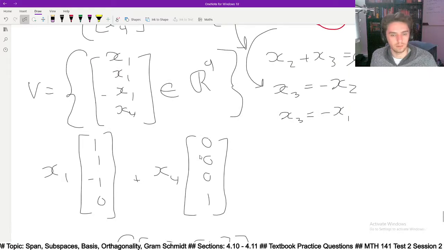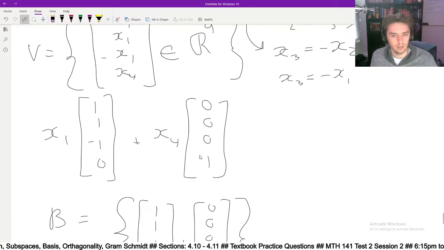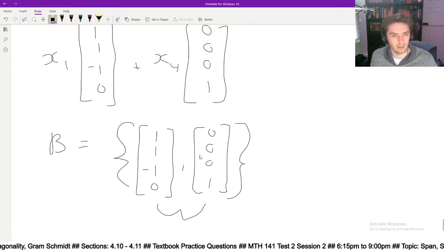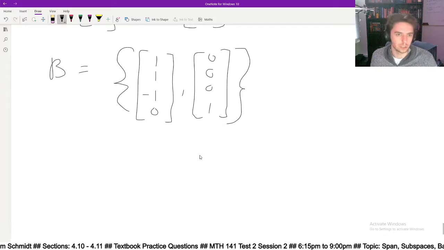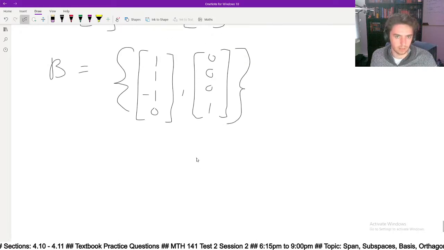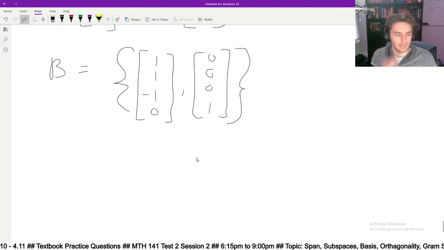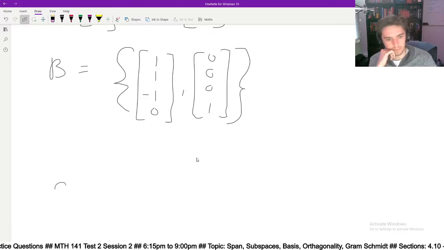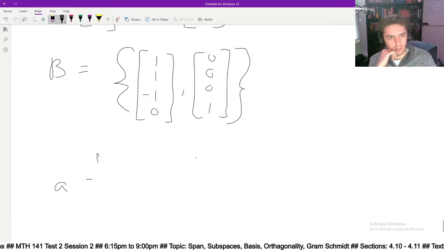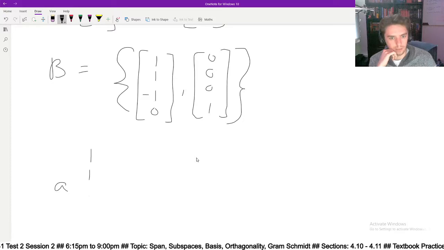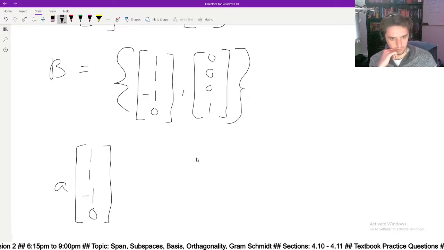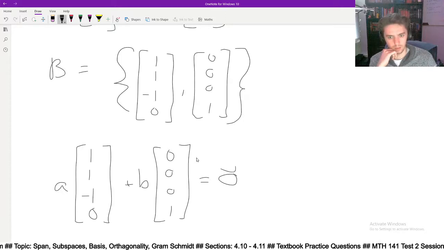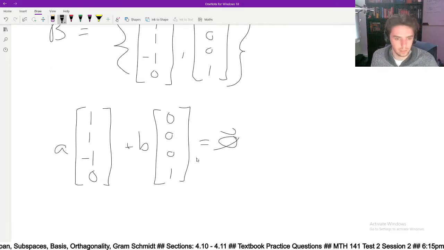If I were to have left x2 in there, not a problem. I could put that in here, but this wouldn't be independent anymore. This would have been a dependent set. So really I should check if this is dependent or independent. If these are truly independent, that means the only solution to this equation is a equals 0, b equals 0.